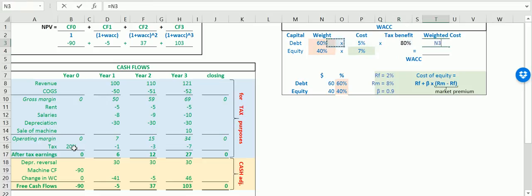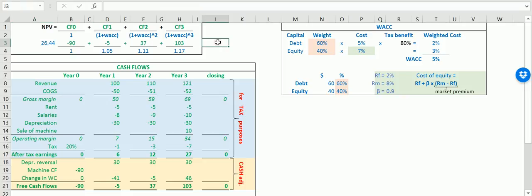And by multiplying all of that, that gives us the weighted costs of equity and of debt. And if we sum that, that gives us the WACC, the weighted average cost of capital. So that's what we have to fill in here below, to the power of 1, 2, 3 in years 1, 2, 3. And that will give us the net present value of this project.